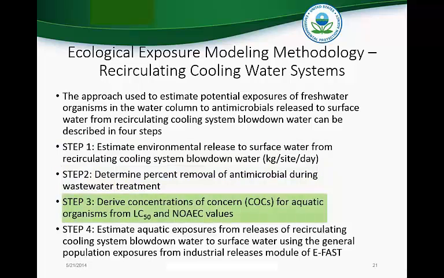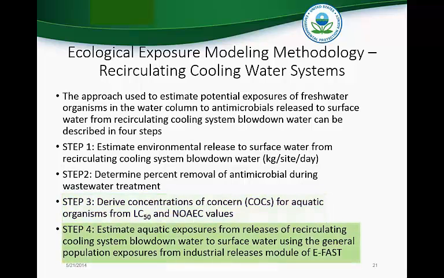Step number 3, derive concentrations of concern for aquatic organisms from LC50 and NOAC values. And step number 4, estimate aquatic exposures from releases of recirculating cooling system blowdown water to surface water using the general population exposures from industrial releases module of EFAST.